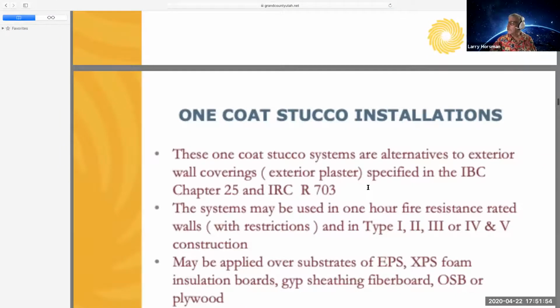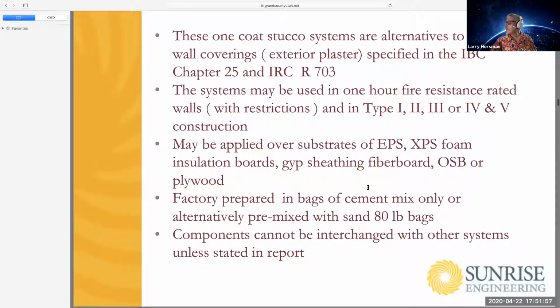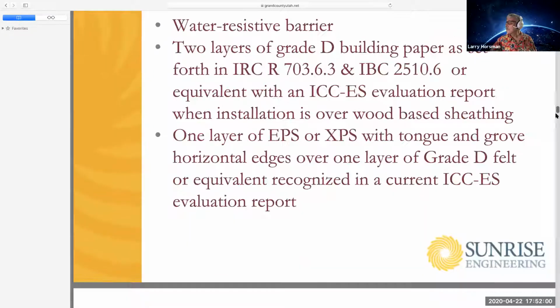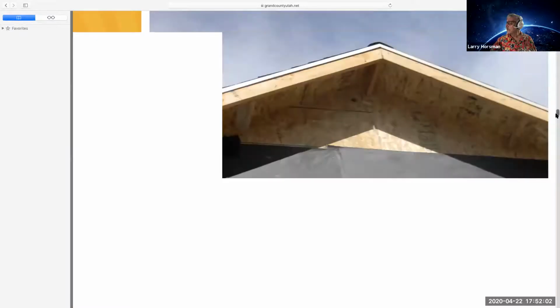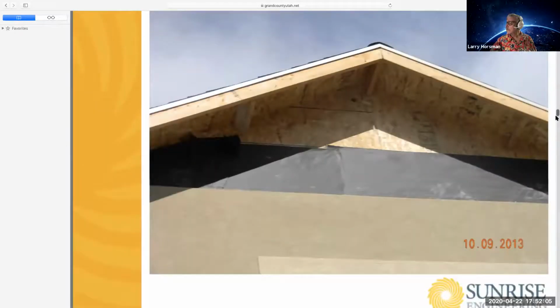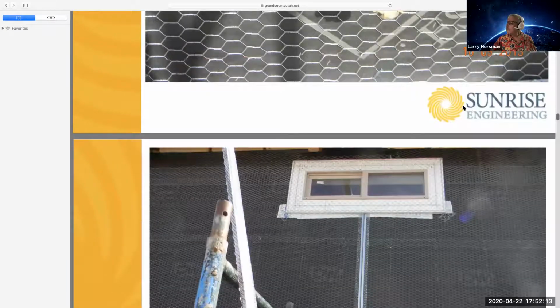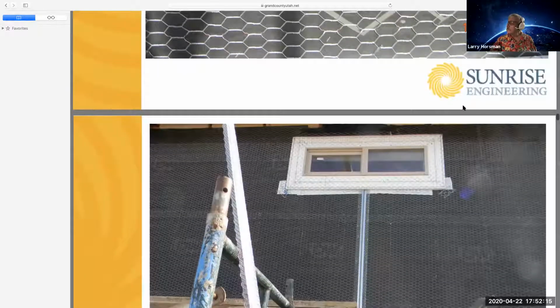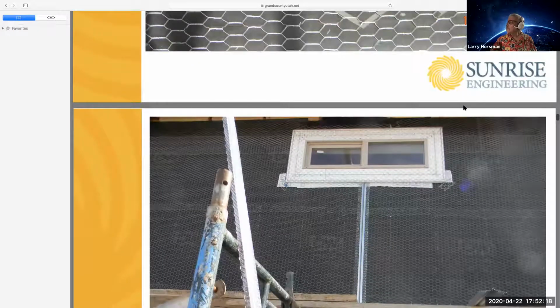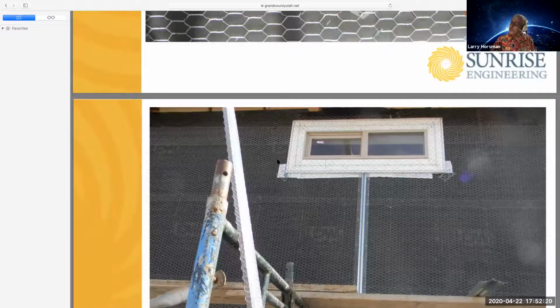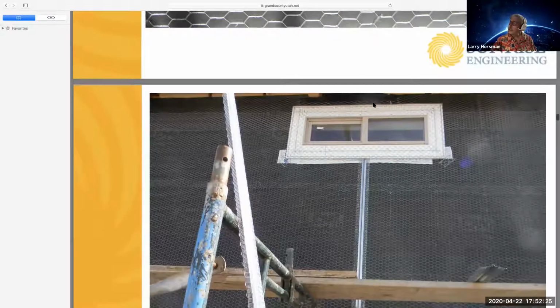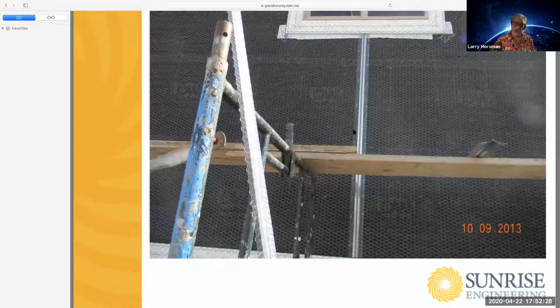Still not seeing the screed. And you can see some of this extra reinforcing around the windows. There's a control joint. Now our plan doesn't show any control joints, so I wouldn't expect there to be any.